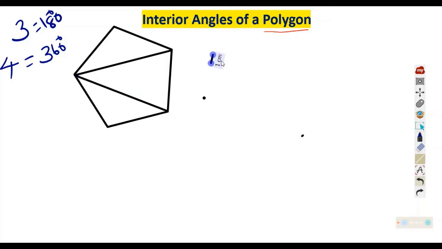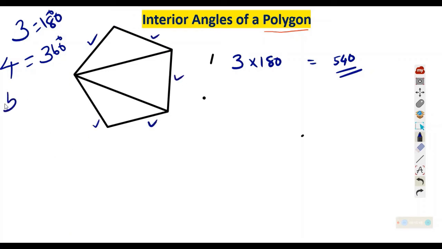So it will be 3 into 180, right? 3 8s are 24 and 5, 540. How many sides? 1, 2, 3, 4, 5. When it is five-sided, I got 540. When it is three-sided, 180, four-sided, 360, five-sided, 540.